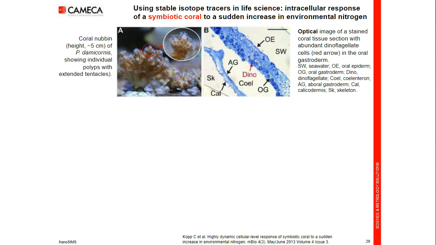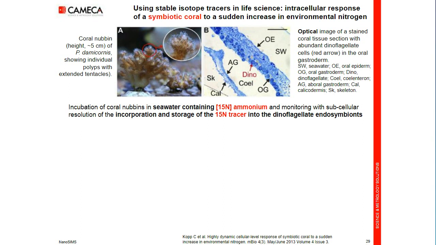In order to analyze the interaction between the coral and the dinoflagellate symbionts, sections were prepared after incubation or spike of nitrogen-15 labeled ammonium, and then chase with normal seawater. So the idea is to see the response of this living system after a spike of nitrogen.